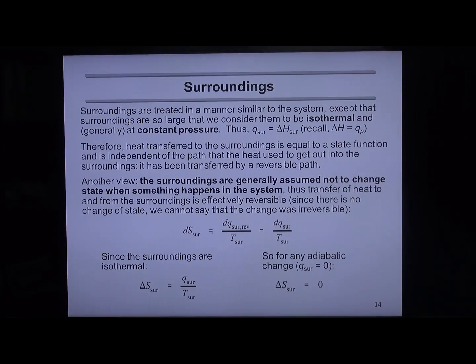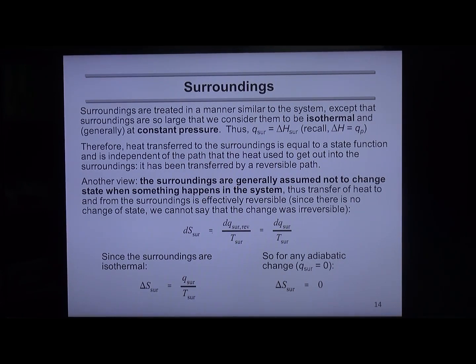So simply, delta S surrounding can be calculated as the integral of this, but T is constant, isothermal. So we can get this very simple expression for the entropy change of surroundings. If the process is adiabatic, if there is no heat transfer between system and surroundings, then Q is 0, and delta S surrounding is 0.